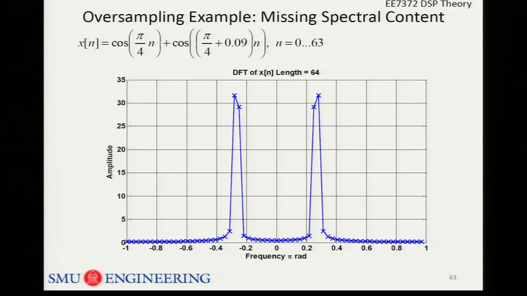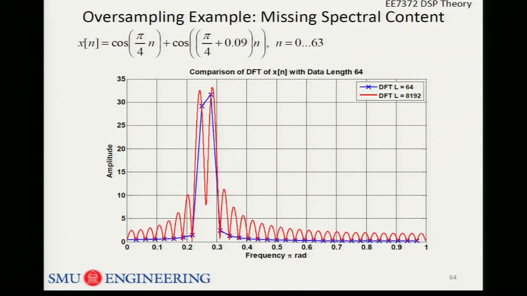The other case is, imagine you had a situation like this where this signal is comprised of two cosines. If you take a 64-point DFT, you get two peaks. You probably assume there's one cosine present, one signal of interest present.